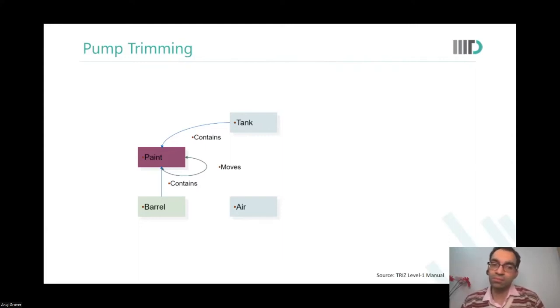We have to also stop the paint from moving when the tank is full. So we can put a horizontal pipe from the barrel to the tank, and the height would be the same. कि barrel में जितना height होगा उतना ही same height will be maintained in the tank.